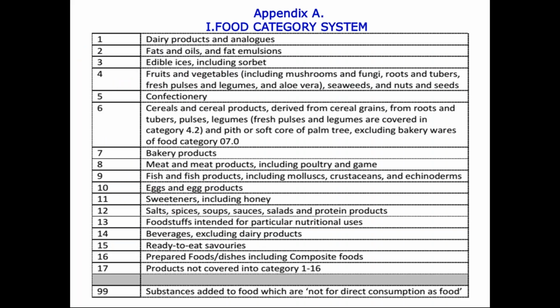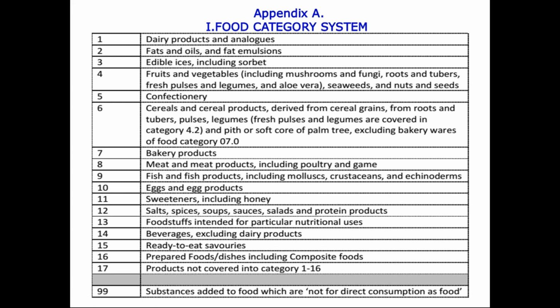So the food category system we have looked at has been categorized in the Indian Food Code. You have 17 food codes. So according to the food code, you can look at the permissible food additive.